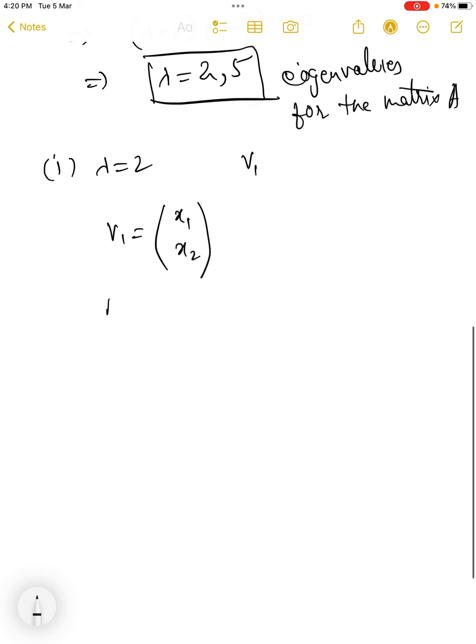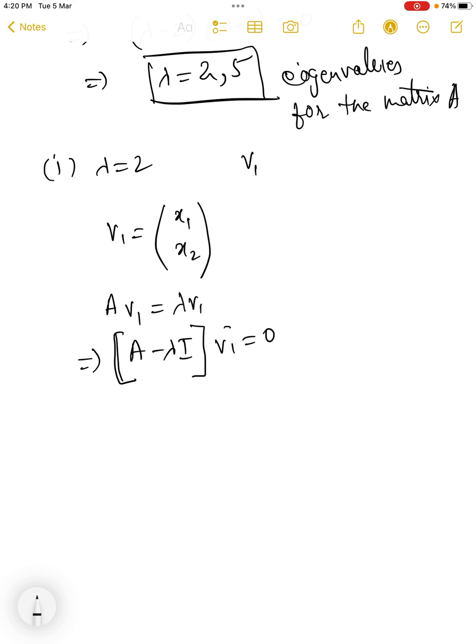So we have the equation again, (A minus lambda I) v1 equal to 0. This time we take the matrix, not the determinant. When we solve for the eigenvector, we take the matrix. The determinant we take to find the values of lambda only.